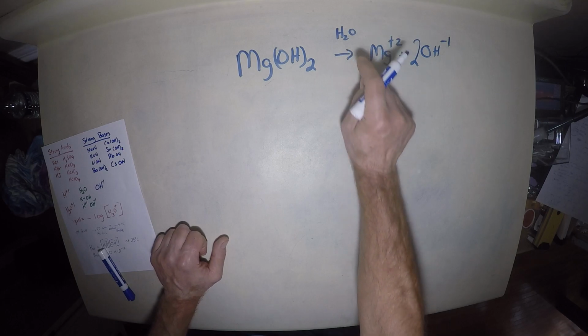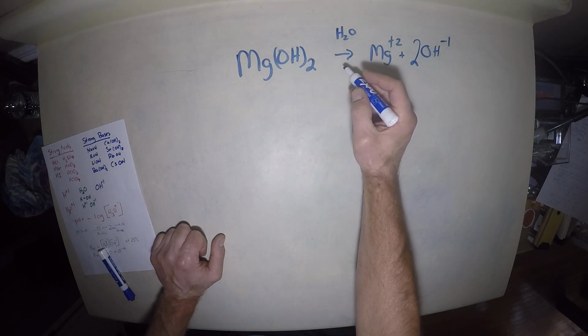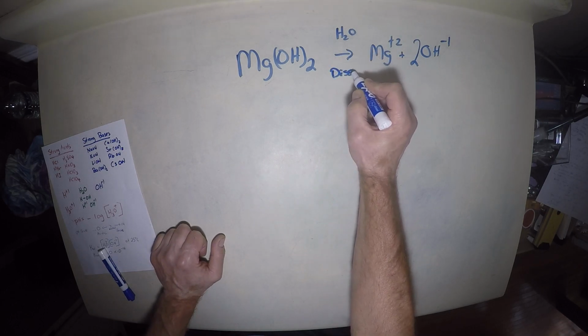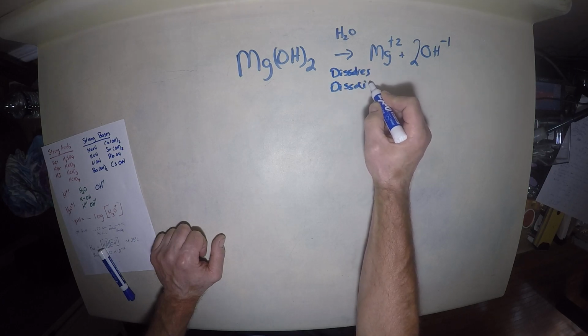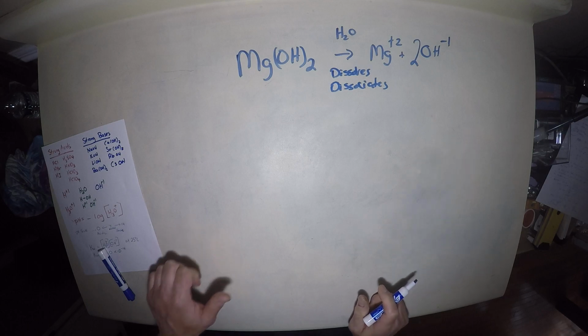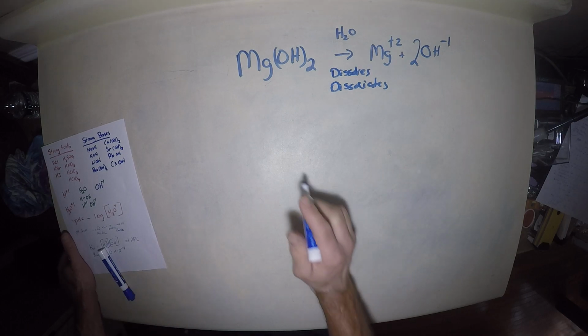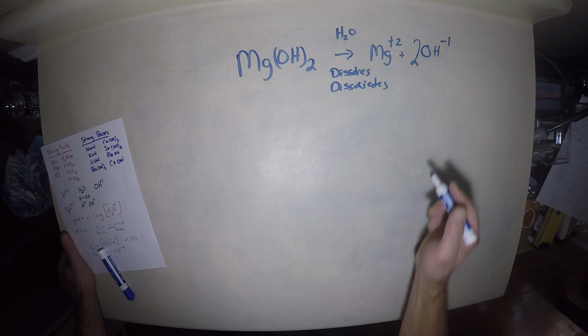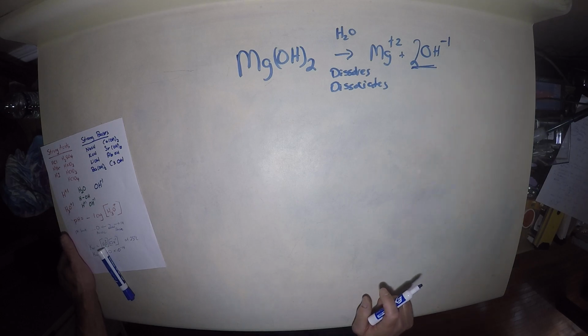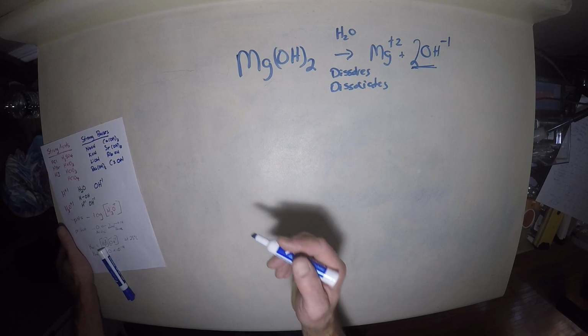And again, water is your solvent, and that both dissolves and dissociates ionic compounds. So magnesium hydroxide is not a strong base because it doesn't have a high solubility, but it does dissolve a little bit and give us some hydroxide, and thus it is a base but not a strong base.